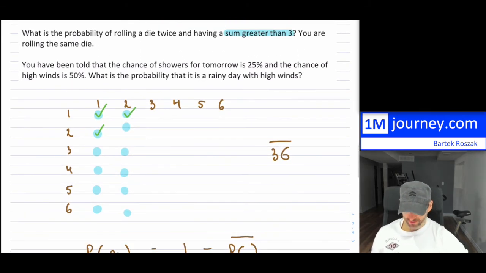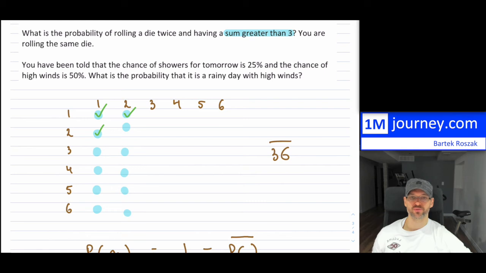You have been told that the chance of showers for tomorrow is 25%, and the chance of high winds is 50%. This is interesting because with weather, people sometimes think that if they're given these probabilities, they're dependent on each other. Sometimes they may be, but in this particular question there is no dependence. They're independent.